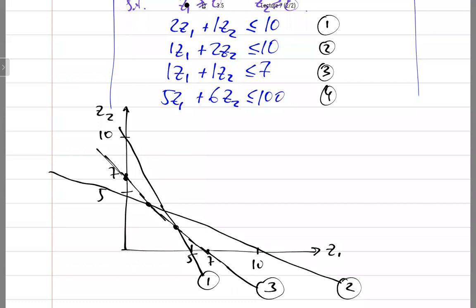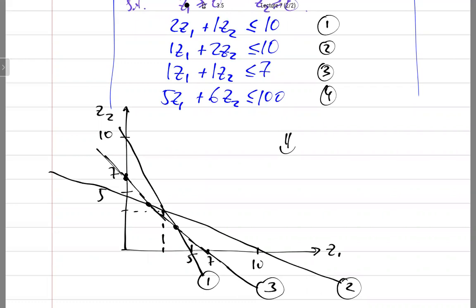Okay, I just drew it roughly. Let's check precisely, that's a good idea. Maybe you're right, maybe I'm wrong.